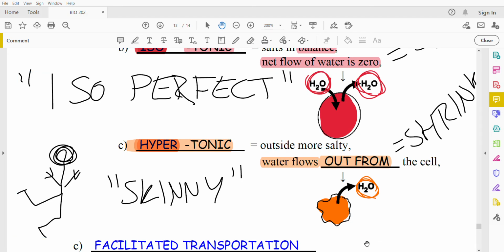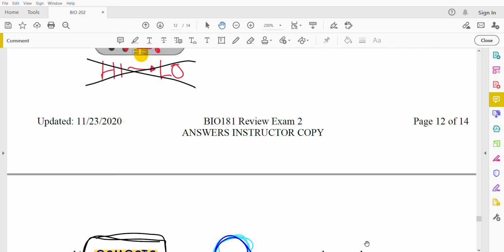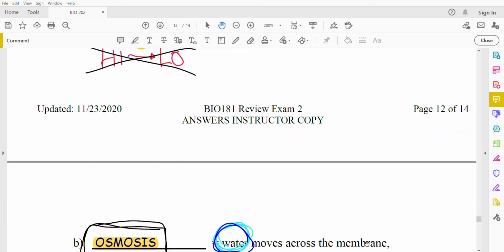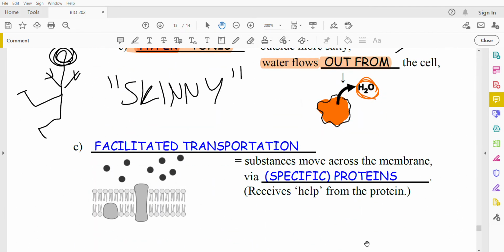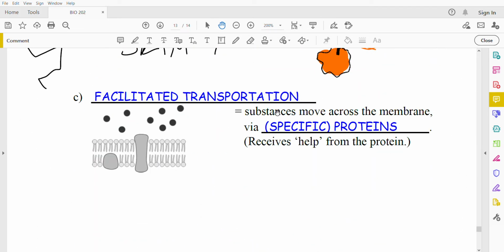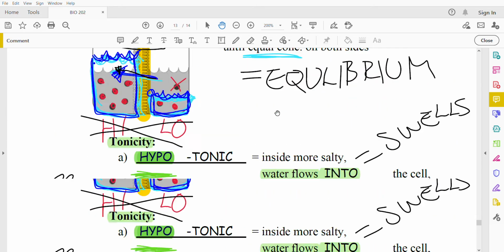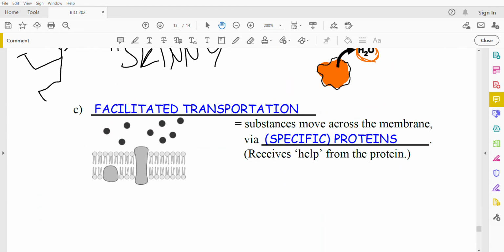And we have one more example to go through about passive transport. That example is going to be our facilitated transport. Let's have a look at it. What's happening there?